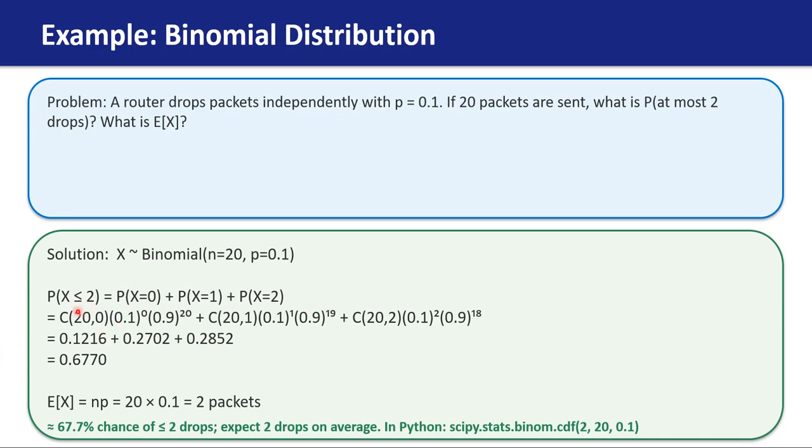This part. P of X equals 0 equals 20 choose 0 times 0.1 to the 0 times 0.9 to the 20, which equals 0.1216.